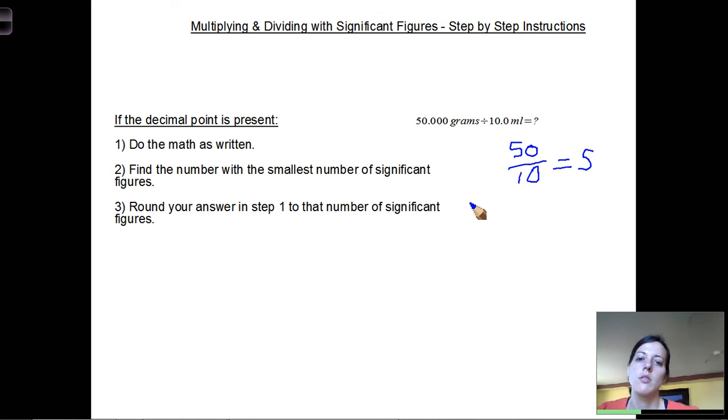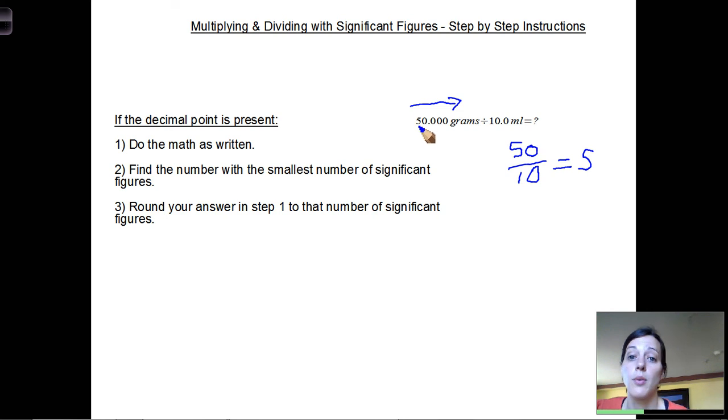Then we need to look at the two numbers, or if there's more than two numbers, however many numbers you are doing the math with. In this case, we just have 2. So we'll look at both of those numbers and find the number that had the smallest number of significant figures. So for this one, there's a decimal spot present, so we're going to start at the Pacific and count our way over to the Atlantic.